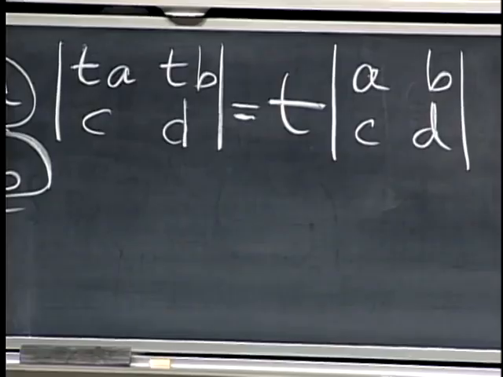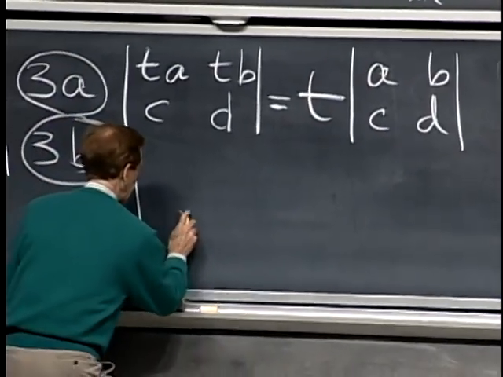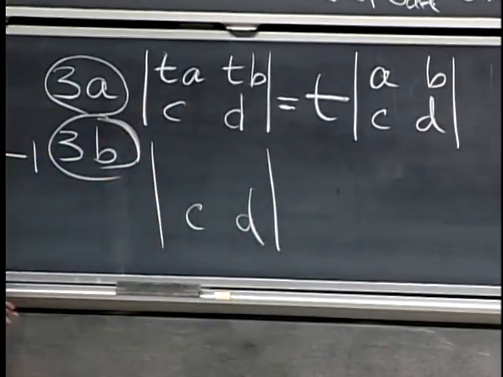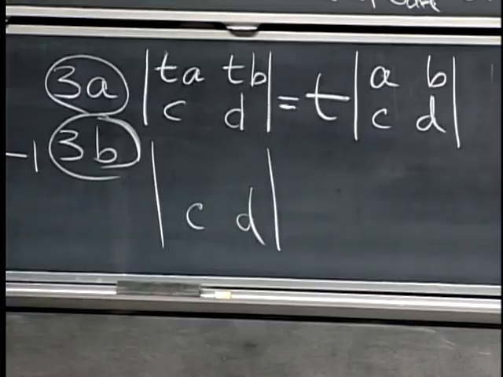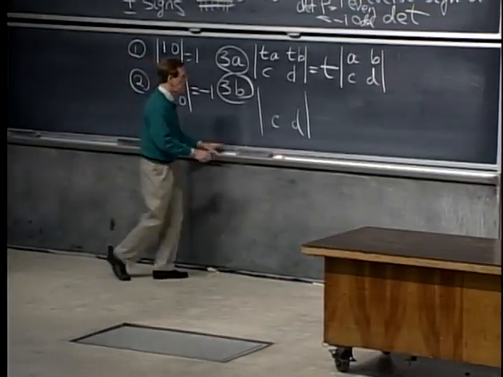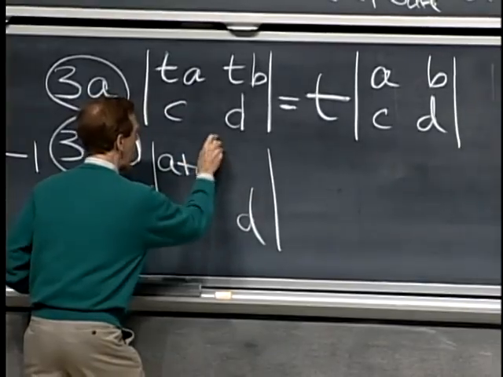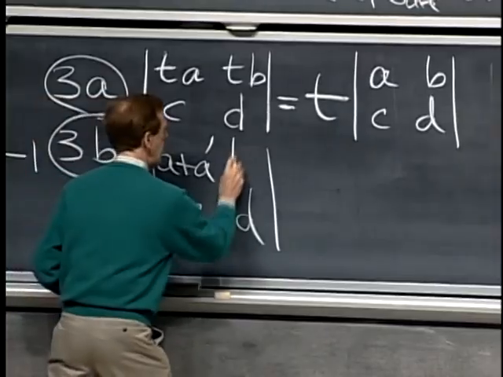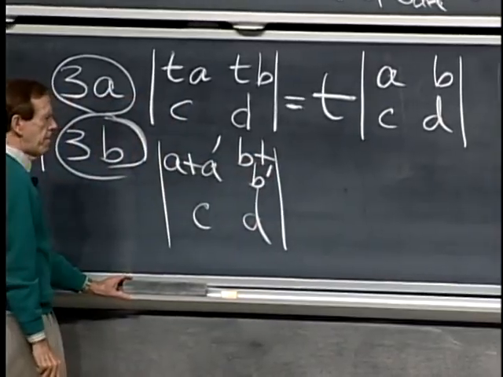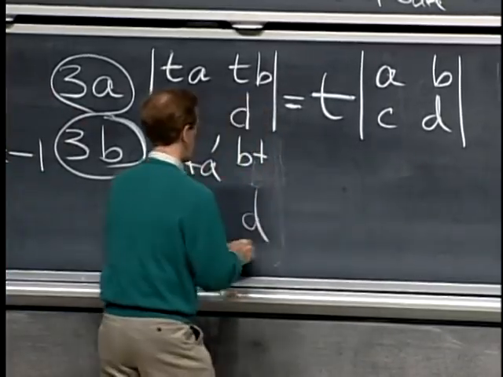And 3B is that if I'm always keeping the second row the same, or the last n minus 1 rows are all staying the same, I'm just looking inside the first row, and if I have an A plus A prime there, and a B plus B prime there, sorry, why don't I use an eraser to do it right?